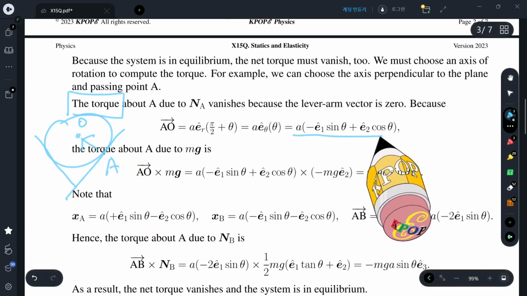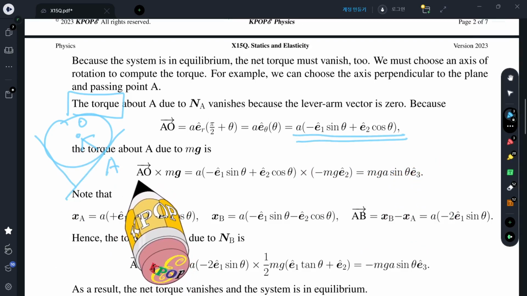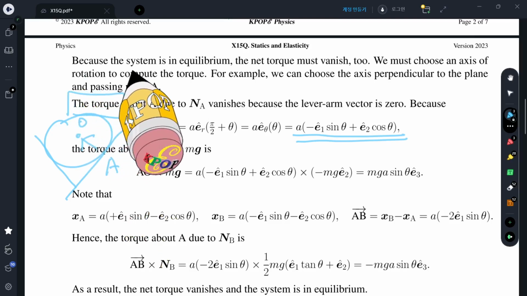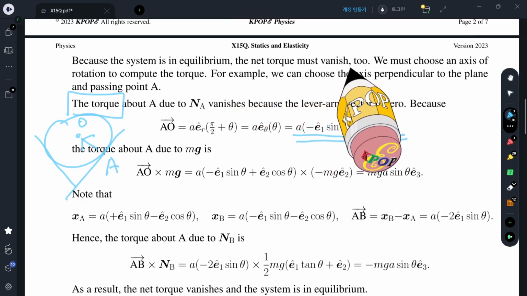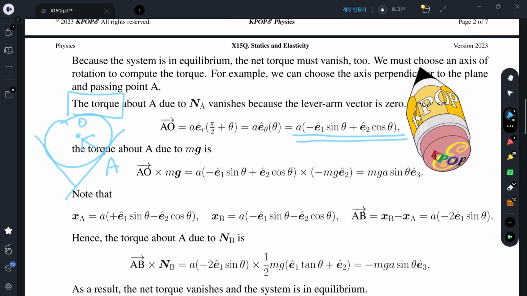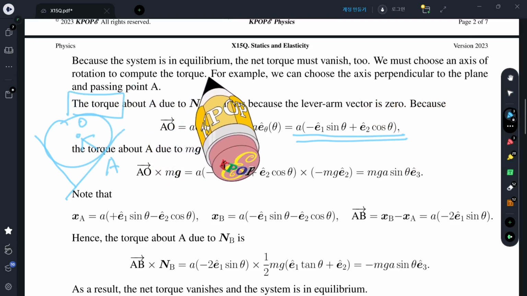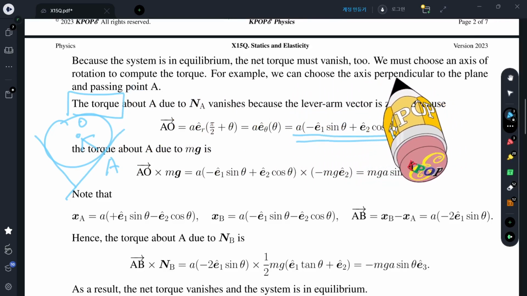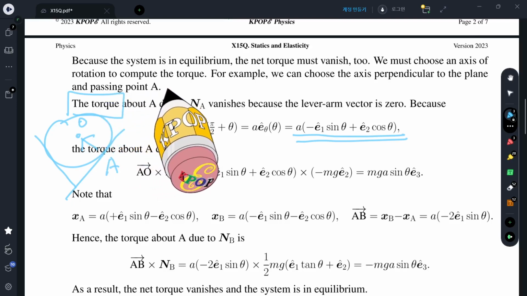Now, this is what we have already computed. Because the system is in equilibrium, the net torque must vanish too. We must choose an axis of rotation to compute the torque. For example, in here, we can choose the axis perpendicular to the plane and passing through the point A.